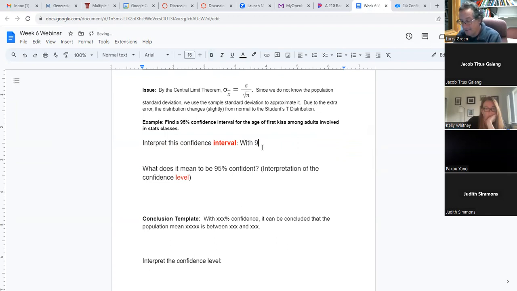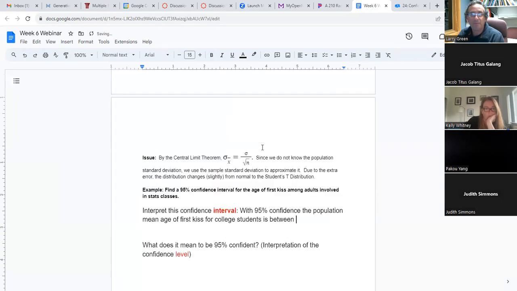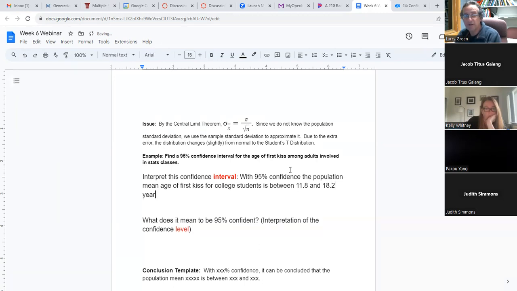With 95% confidence, the population mean age of first kiss for college students is between 11.8 and 18.2 years old.